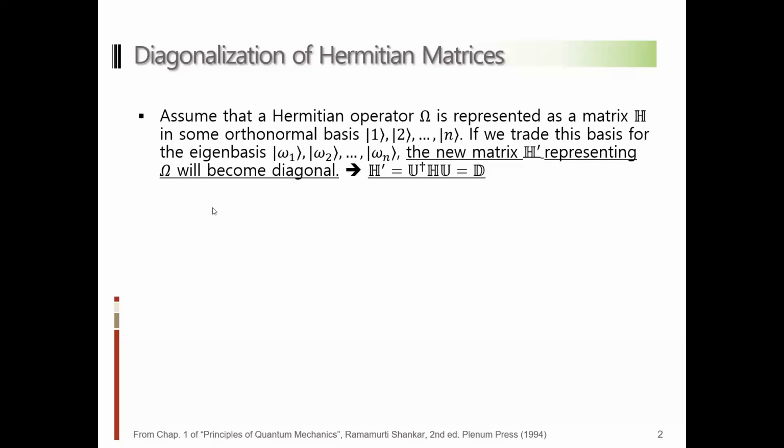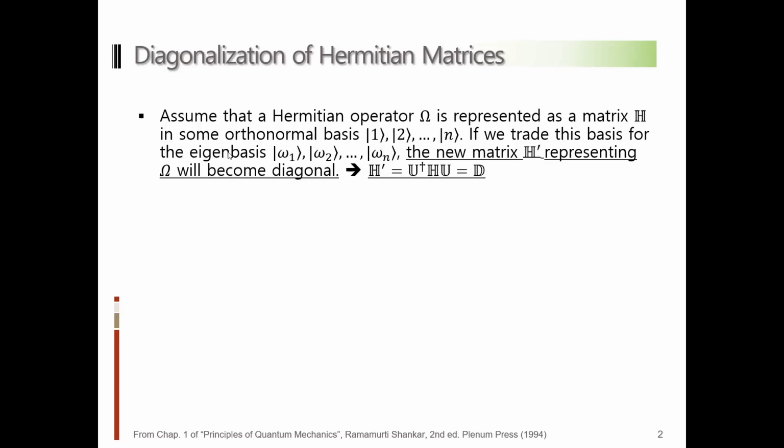As we discussed in the review of the previous lecture, when we are given some Hermitian operator omega, even though the current matrix representation of this Hermitian operator is not a diagonal representation for some orthonormal basis, we can always change our basis from this arbitrary orthonormal basis to an orthonormal basis composed of the eigenvectors.